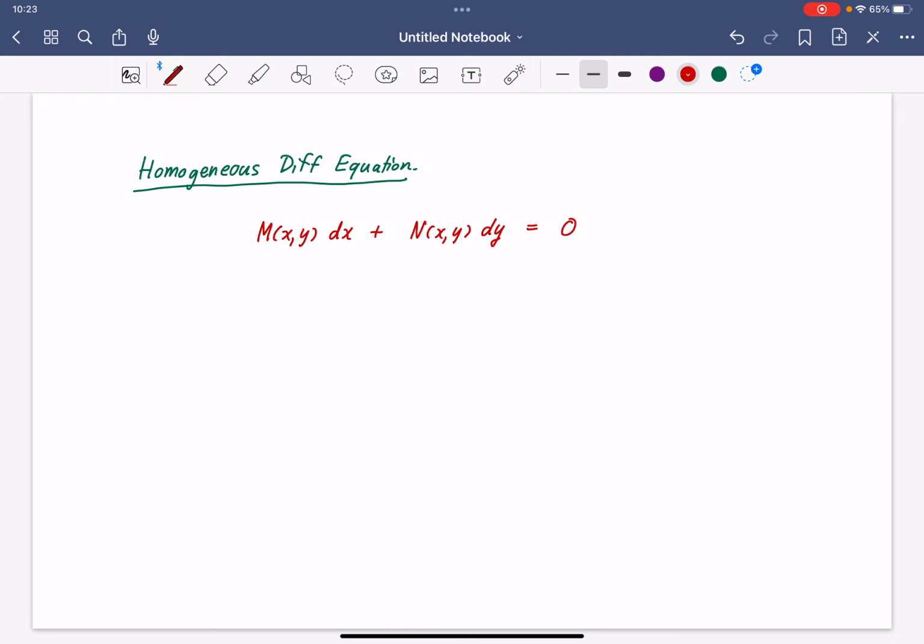So you simplify, so you get this one, and then you have to check first that M and N here are both homogeneous function.